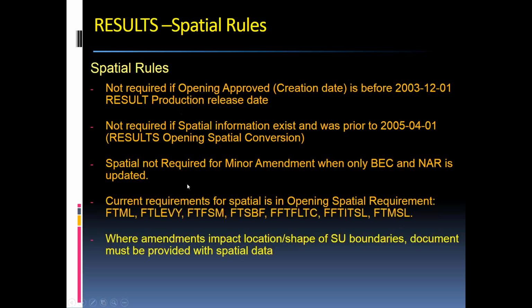When we deal with spatial rules, there's different activities that you can make changes to, but there's no requirement for spatial updates. One example of that is a minor amendment for silviculture prescription, where you're able to make changes to the BEC if there's improved BEC information, or the net area to be reforested.